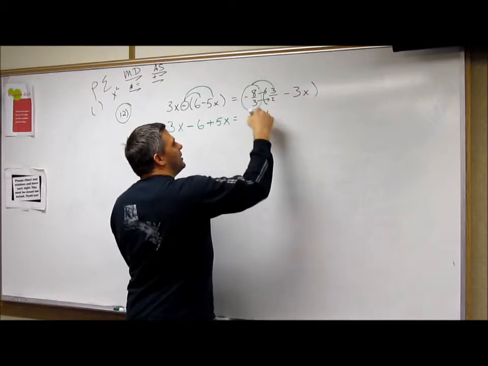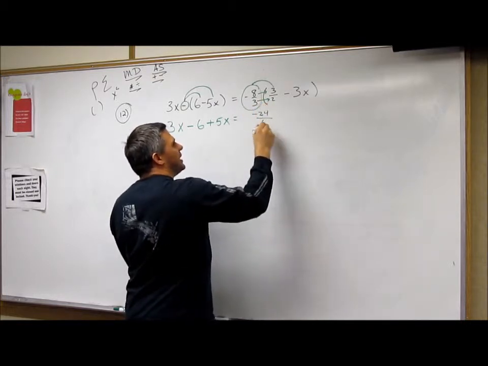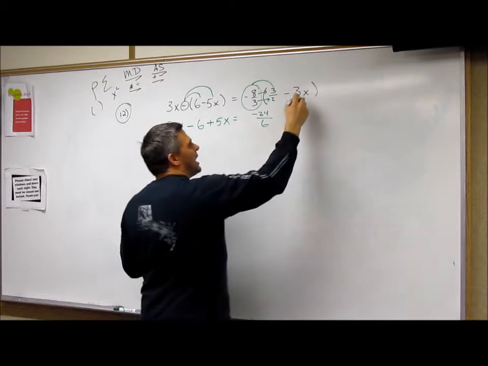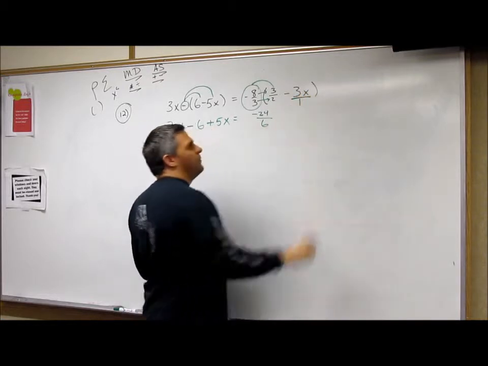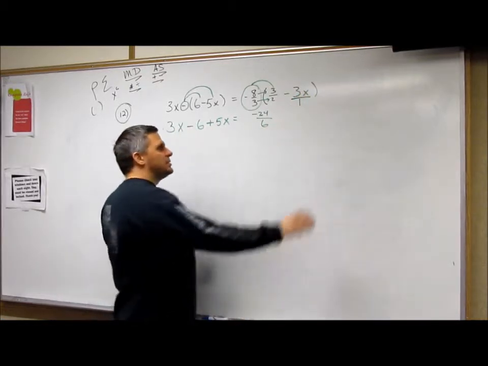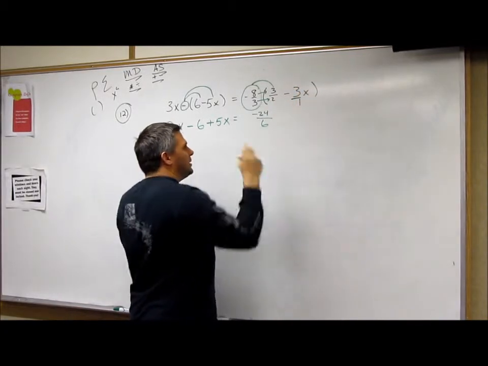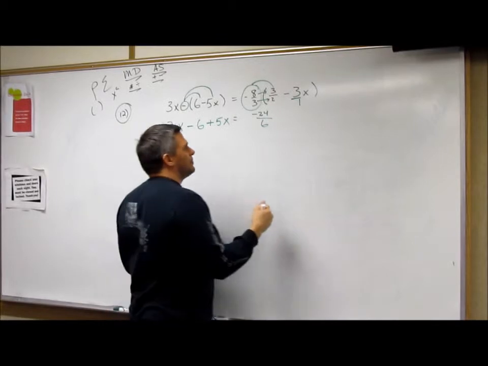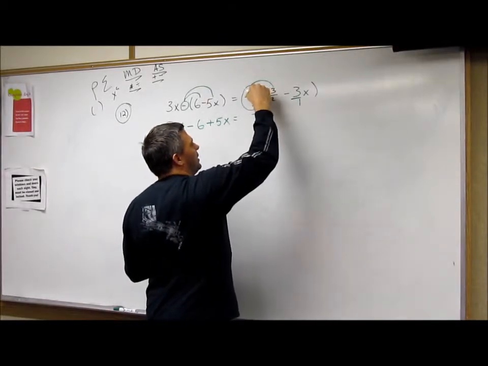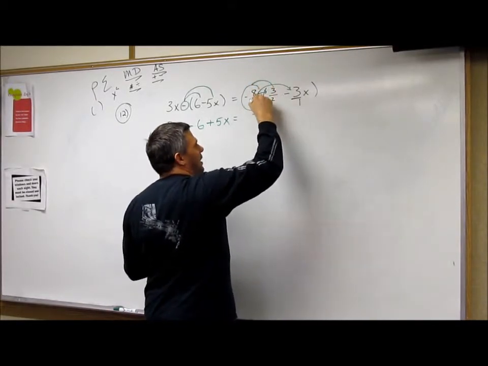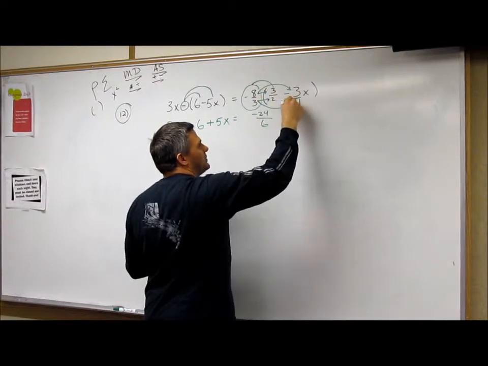Okay? And 3 times 2 is 6. The one thing I have to remember is that this is over 1. This is really 3x over 1, or 3 over 1x. It's how you want to think about it. Okay? So it's really going to be the 8 times the 3 and the 3 times the 1.